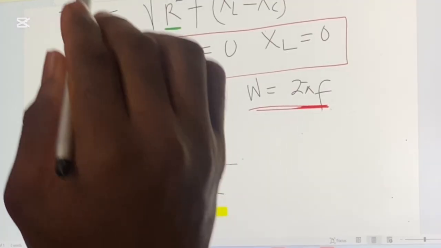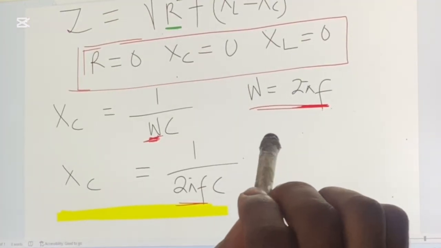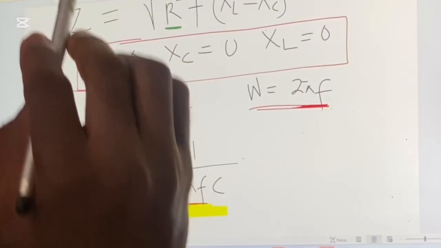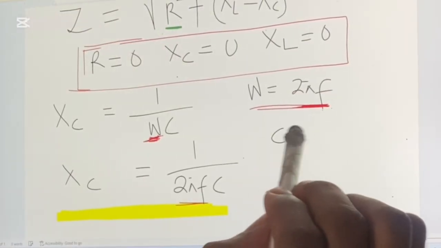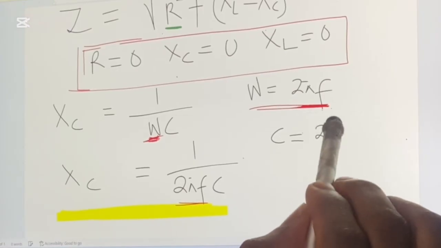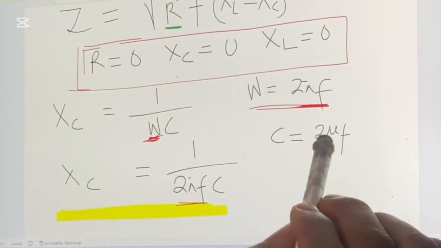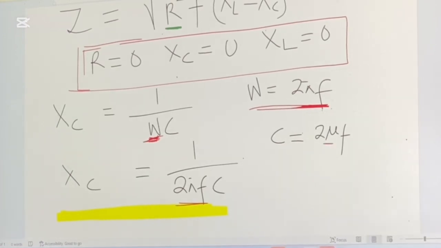So class, our capacitor is given to us as 2 microfarad. The word micro here is a prefix in mathematics, and the value is times 10 raised to the power minus 6.